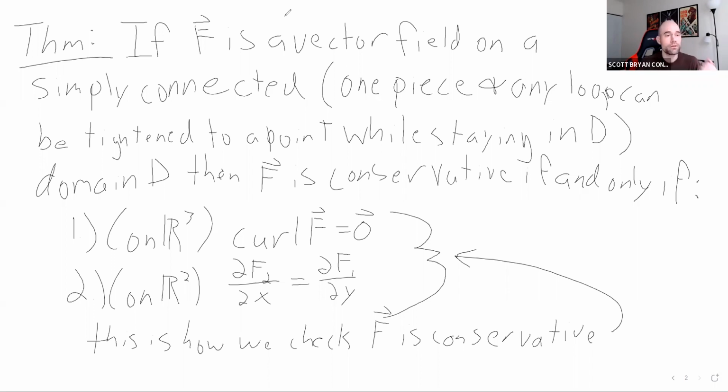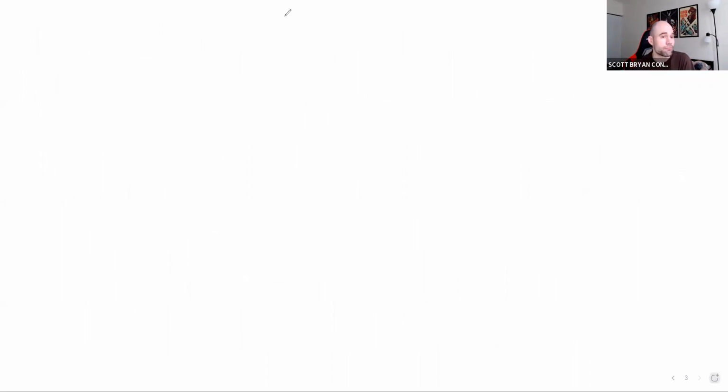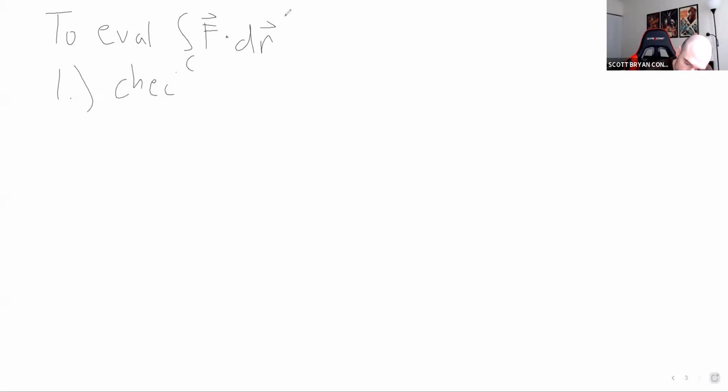Okay, so here's how we use that fundamental theorem. So if you're just given a line integral of a vector field, if we want to evaluate this in an exam setting or whatever, first thing you always want to check is: is F conservative?